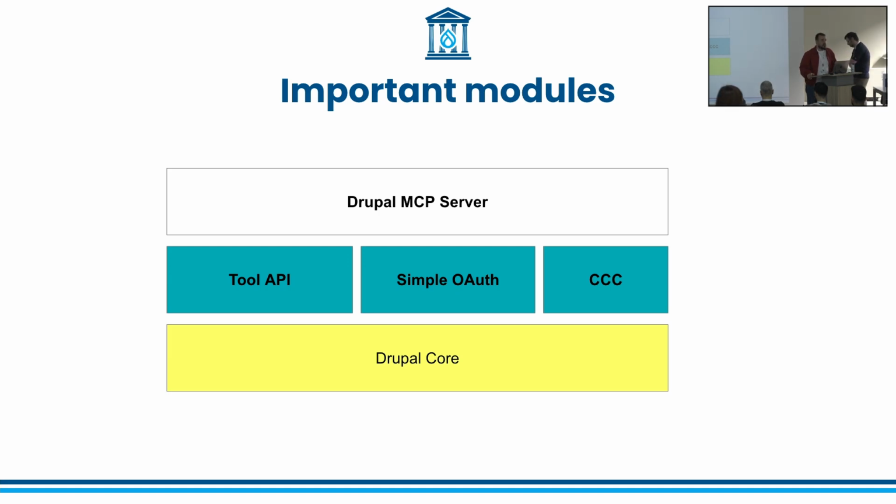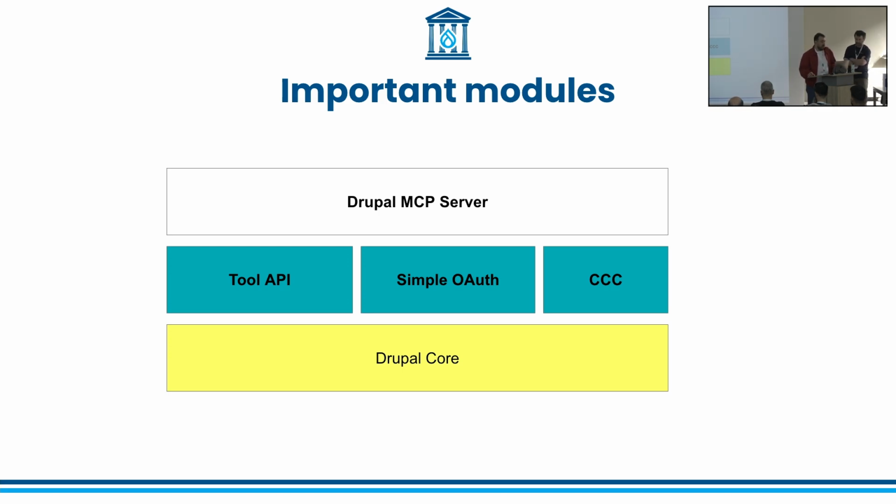Things like create an entity, update a field value, or remove a field from an entity. Any kind of action that can be run within Drupal can be created with Tool API, including custom ones, because it's based on Drupal's plugin system. You can create your plugin and create your custom tool there.